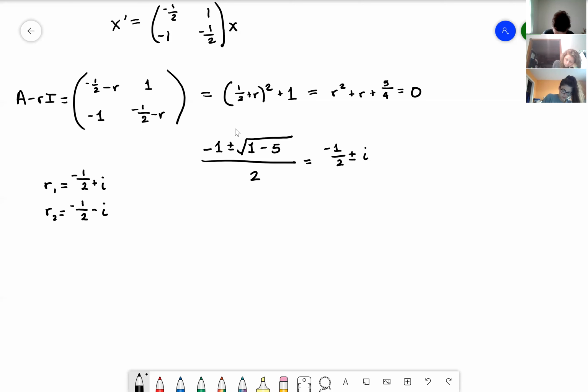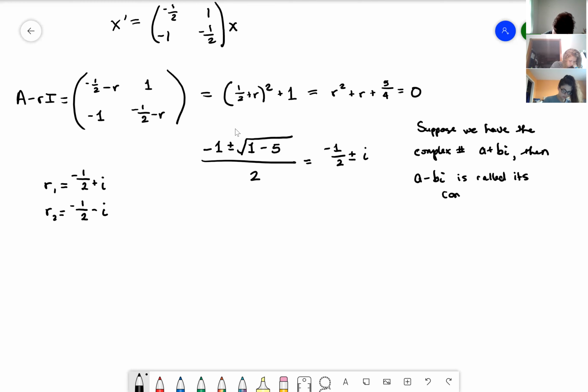Right? And you'll notice that, well, maybe I didn't introduce this term, but suppose we have a complex number a plus bi, then there's an associated complex number a minus bi, which is called its conjugate.